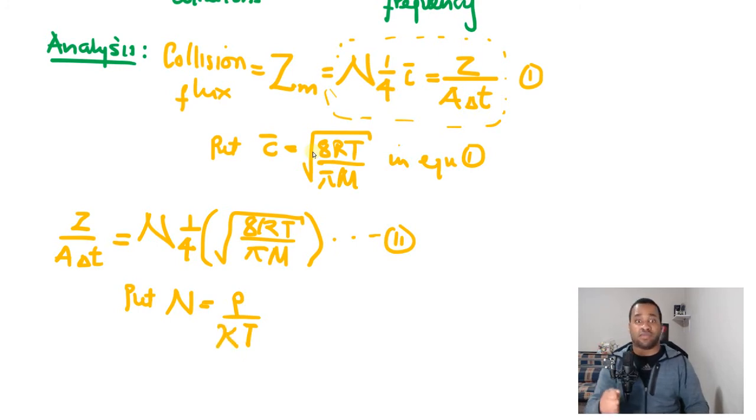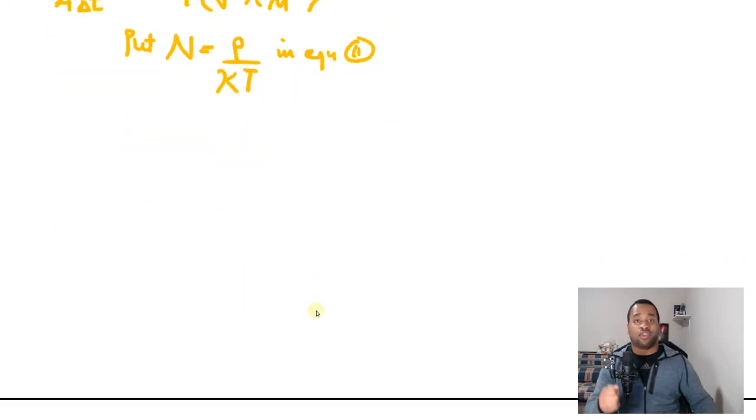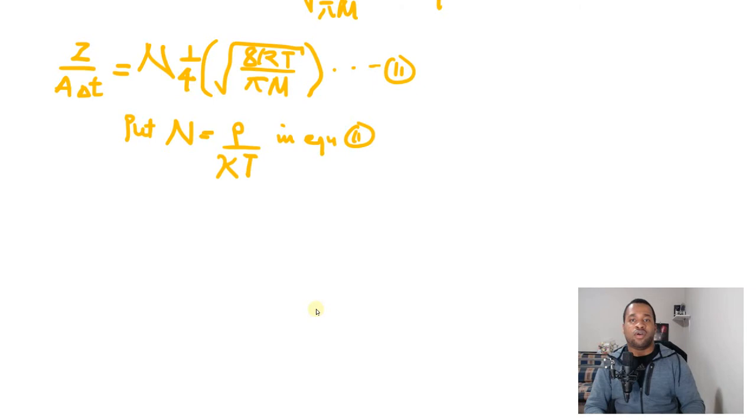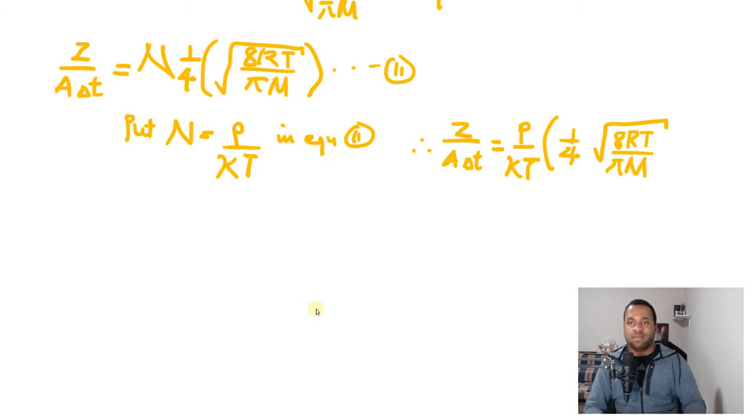Putting this in equation 2, we arrive at a new equation: Z over the area multiplied by the time interval is now equal to the pressure over Boltzmann's constant multiplied by temperature, all multiplied by 1/4, and the square root of 8RT over pi m.